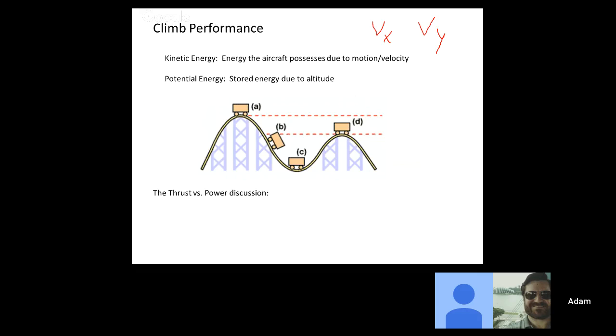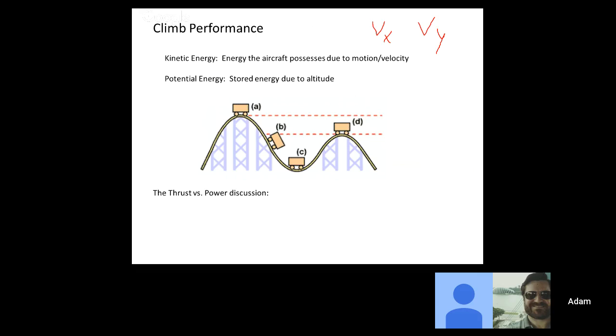If I've got a basketball sitting on the gym floor, just sitting still, it has zero kinetic energy and zero potential energy. If I pick that basketball up and hold it right in front of me, still, it's got zero kinetic energy because it's not moving, but it's got, let's say, 4 feet of potential energy. Why?